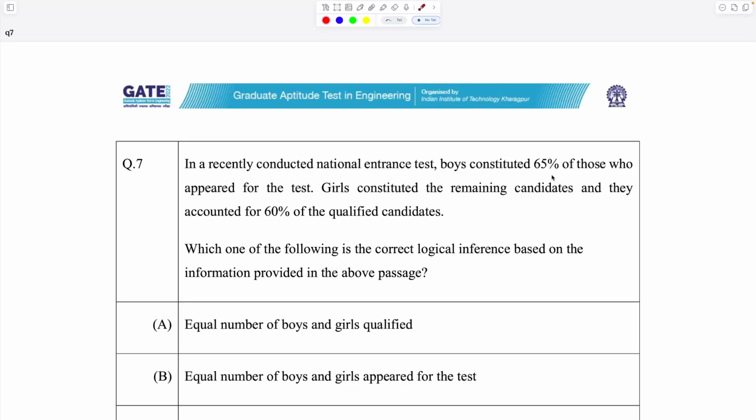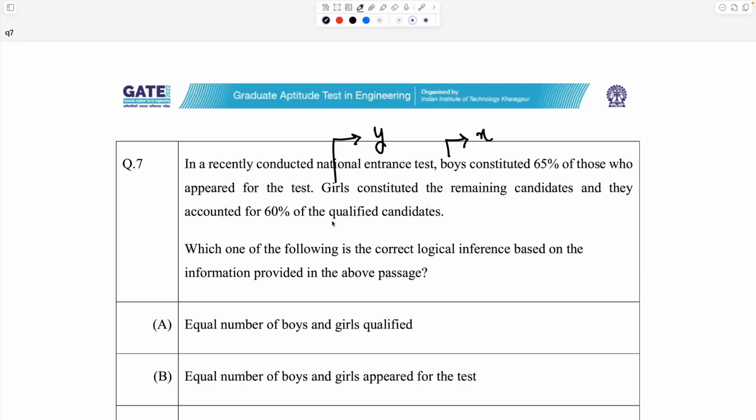So let's represent the boys who appeared for the examination by X and the girls who appeared by Y. And for qualification, from the pool of qualified candidates, girls constitute 60%.